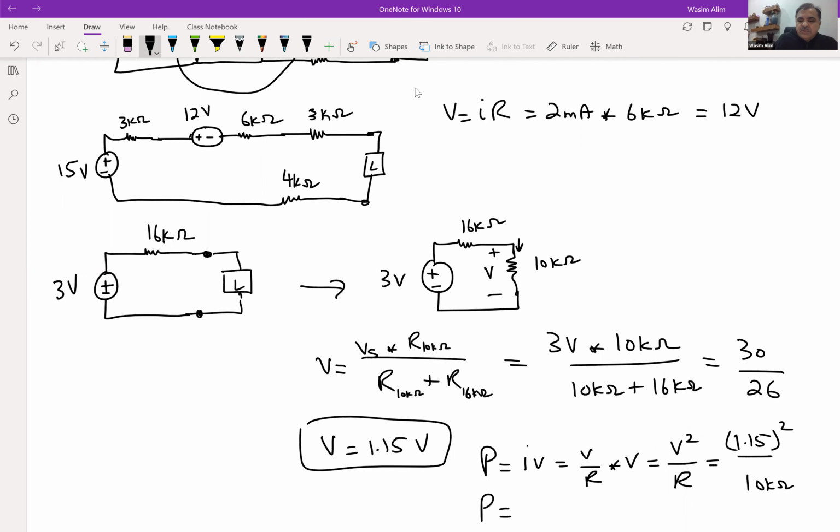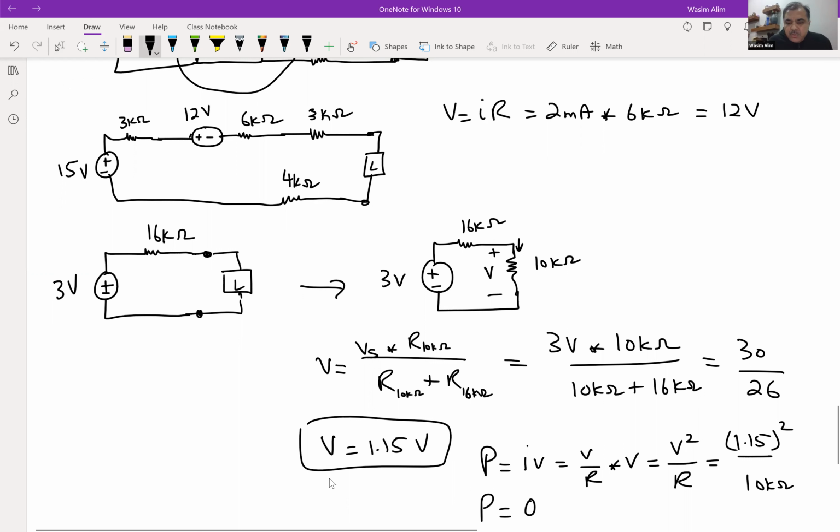So could you do the calculation for 1.15 squared divided by 10 kilo ohm? That's 0.13225.